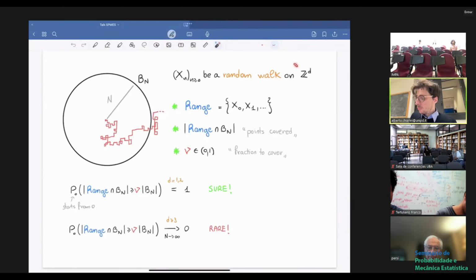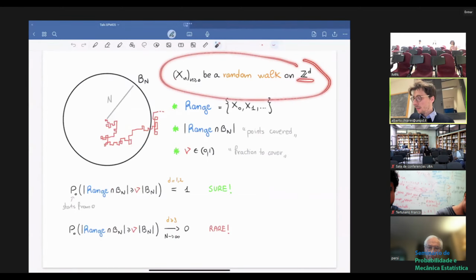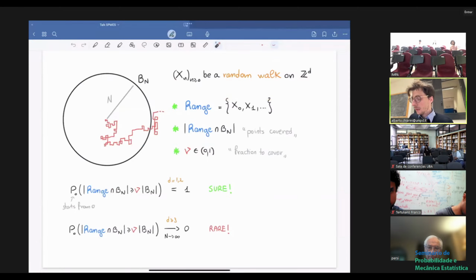So we have a simple random walk on the Euclidean lattice, Z^d. Let's denote the range of this random walk by this set, the range. This is the set of all points visited by the simple random walk. It's the set in red over here.